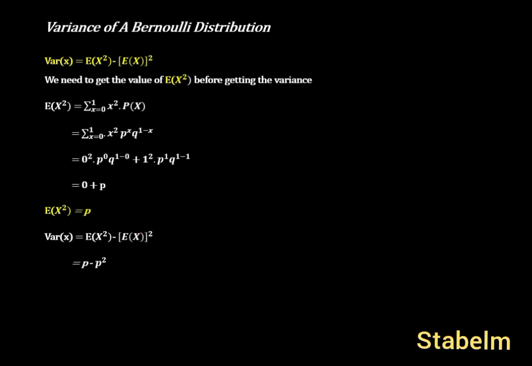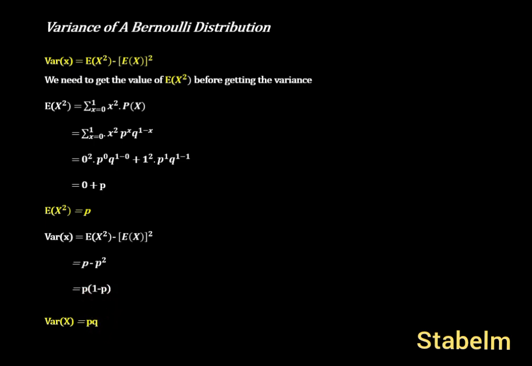If you collect the like terms, p is a common factor. So we have p into bracket 1 minus p. Remember, we have 1 minus p equals q. So the variance of X can be presented as p into bracket 1 minus p, or as variance of X equals pq, because 1 minus p is the same thing as q, which is the probability of failure.